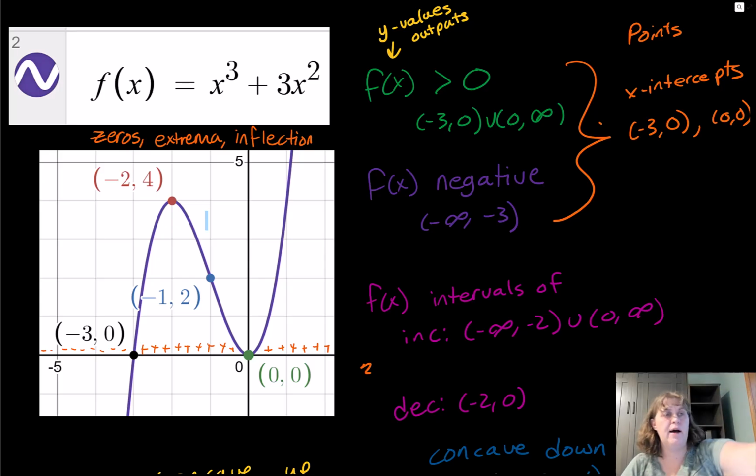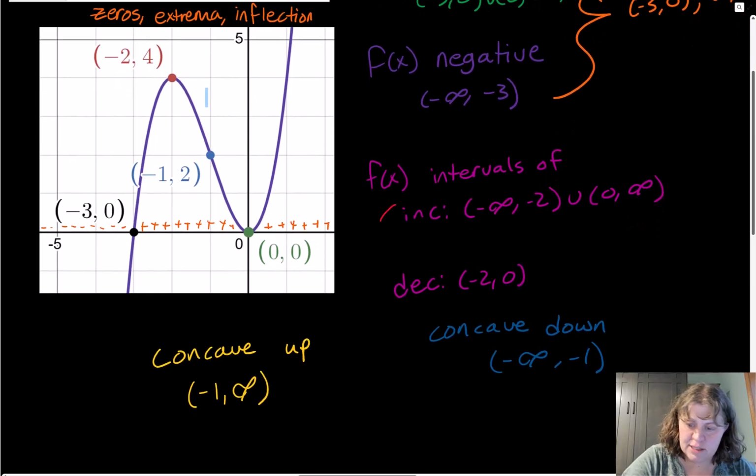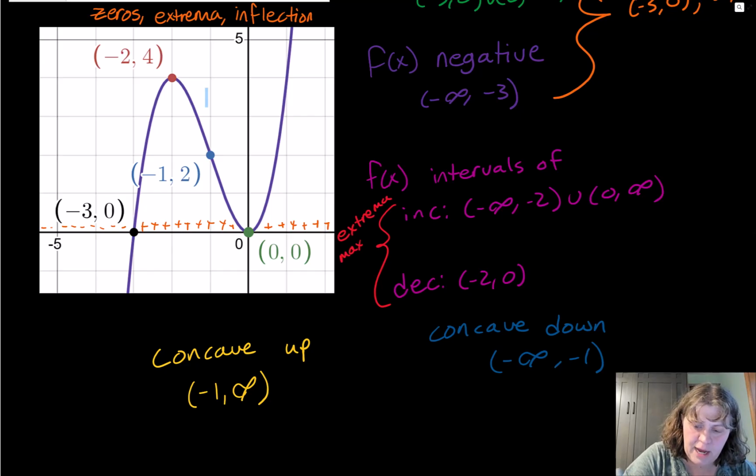Now, I also have intervals of increasing and decreasing, and for those, my swapping point between increasing and decreasing is my extrema, which remember is another fancy word for max and min collectively. So I've got an extrema here, and an extrema here. That's where things can swap from increasing to decreasing.